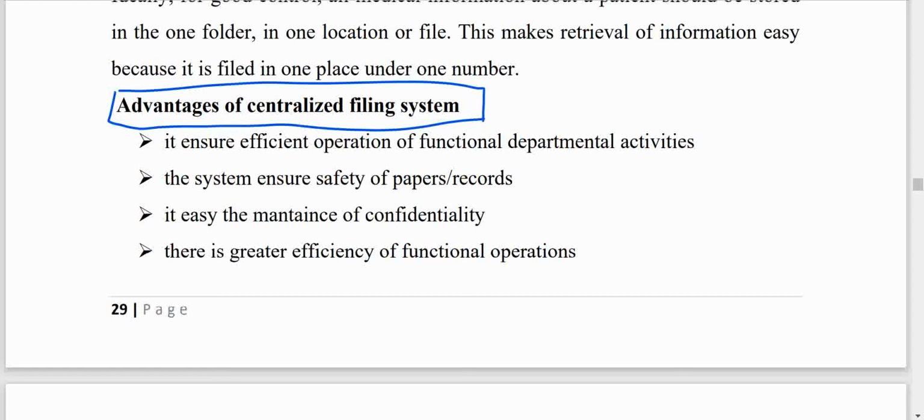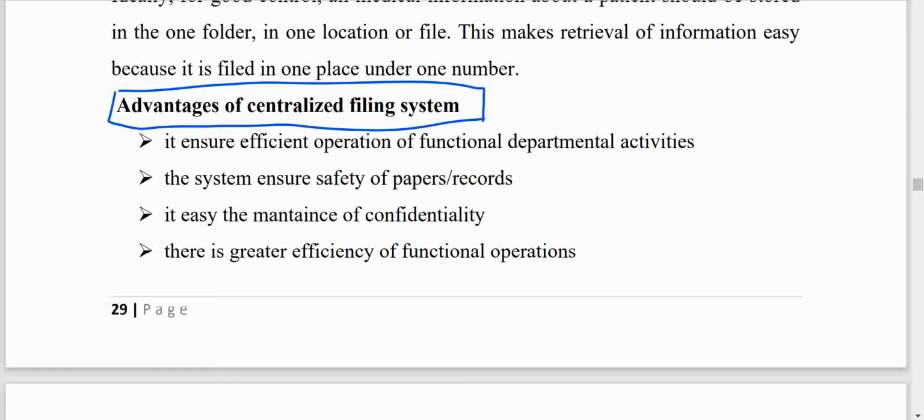When you have all your records kept in one location under one number, there is a high probability that your department will be able to continuously function without any gaps, and also the speed of operations will be high, and definitely the standard of services within the facility will be highly recommended.